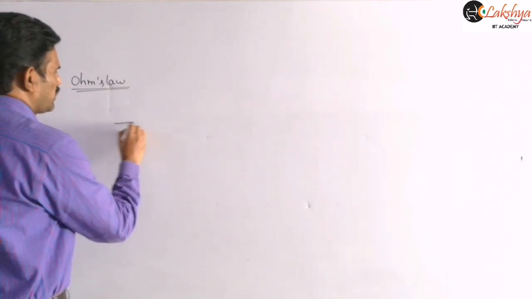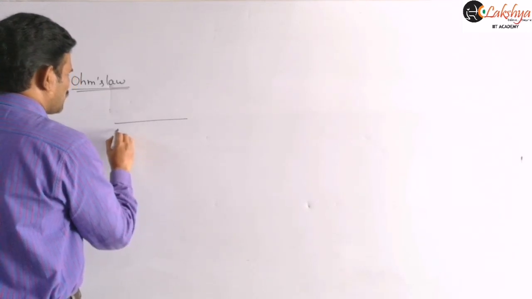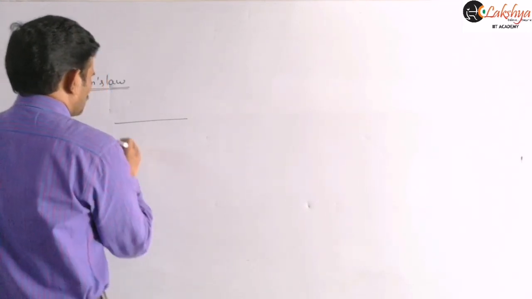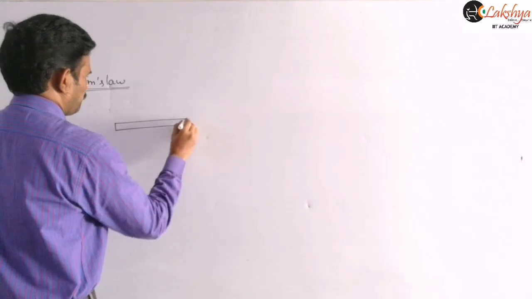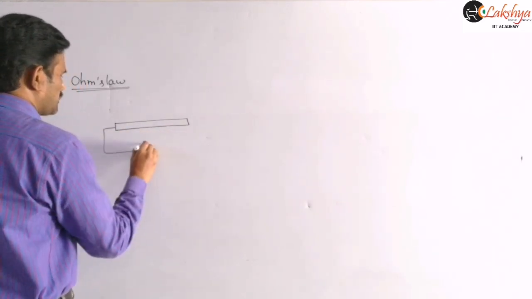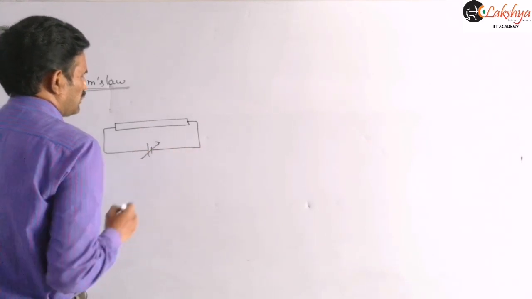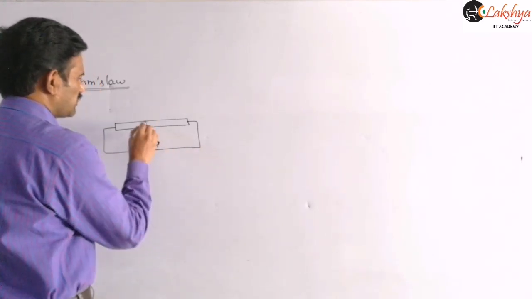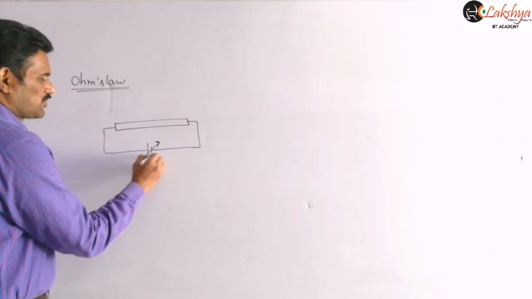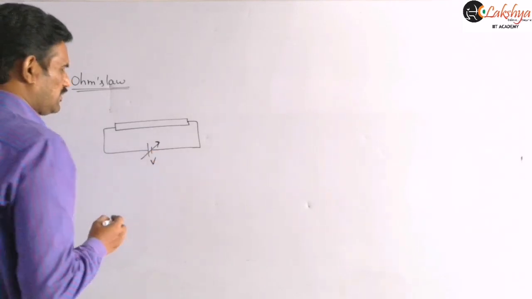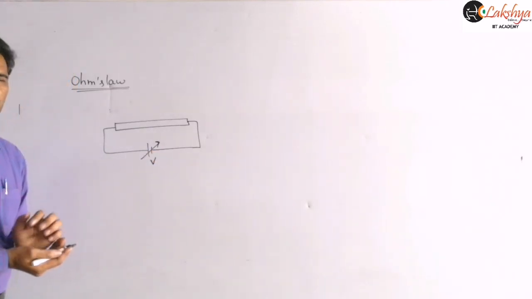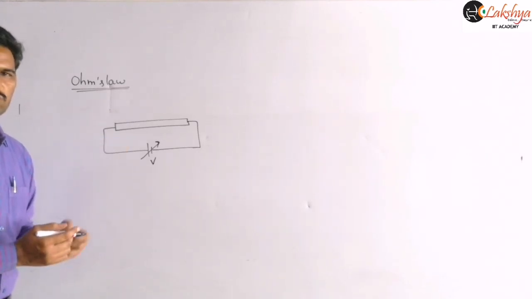If you apply some potential difference across a conductor, with some source connected across it, the current flowing through the conductor will depend on the potential difference applied across it. If you increase the potential difference, then the current should also increase.